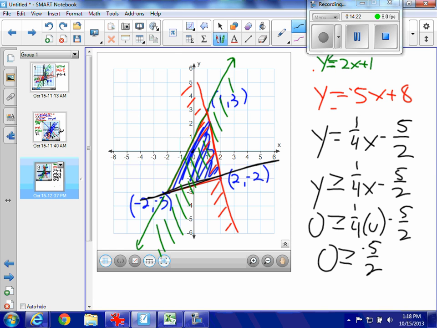So since it is true, I know that this is the proper direction for my inequality sign. So I can change that here. I didn't change the red line. I need to change the red one, which was less than. Well, there it is. There's my system of inequalities. This is a system of inequalities that makes this graph.